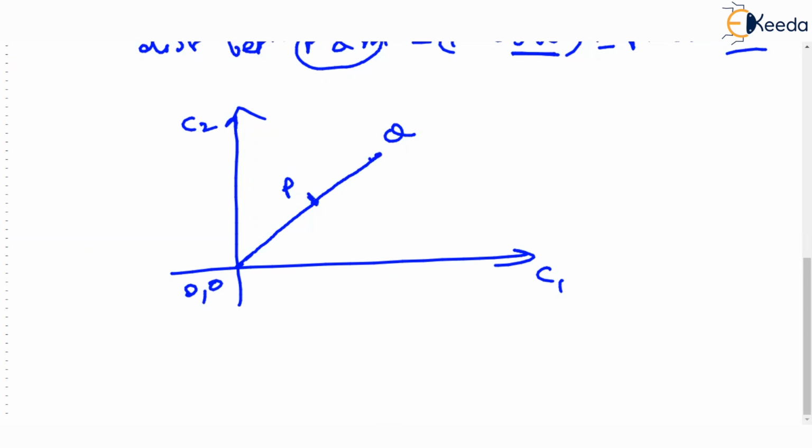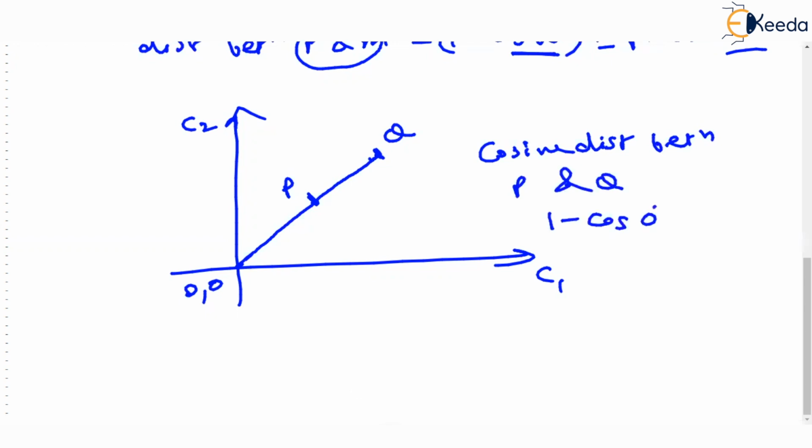And we are asked, what is the distance between P and Q? Now, what is the angle between them? The angle between them is 0. Correct? Then the cosine distance between P and Q will be 1 minus cos 0. And you all know that cos 0 is 1.